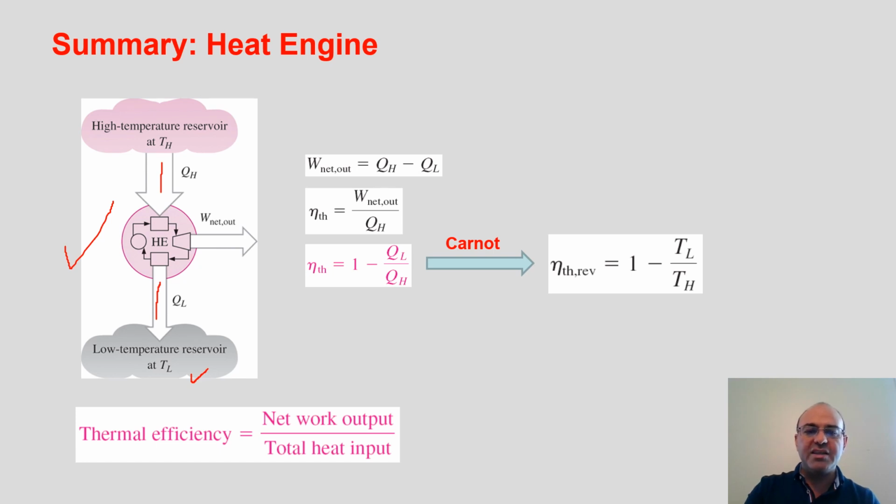So if we write the energy balance, the first law of thermodynamics for the heat engine, we see that energy coming to the system, QH, is equal to energy out, which is W net out plus QL. This is a cycling process.